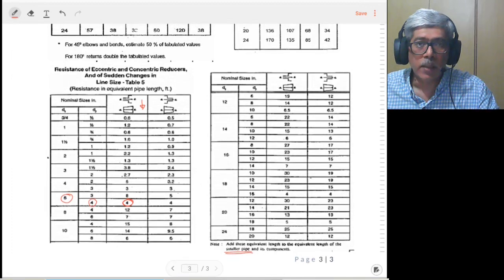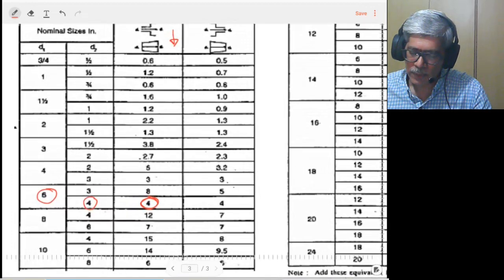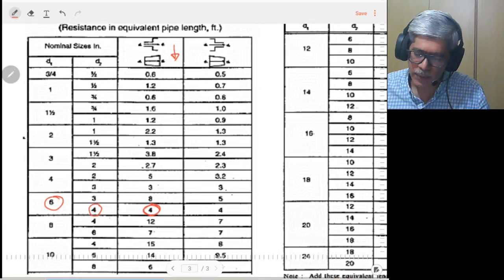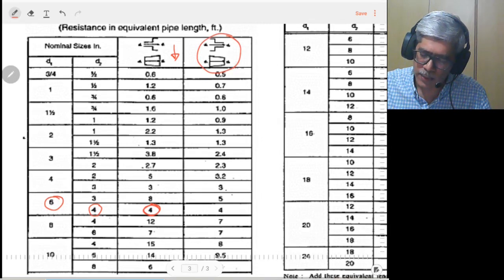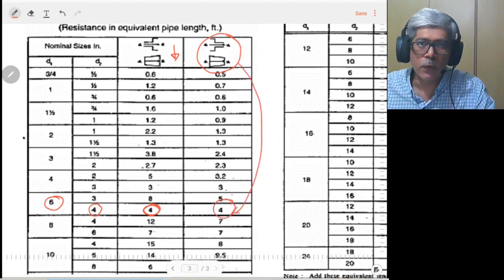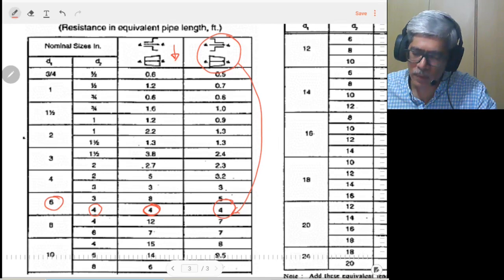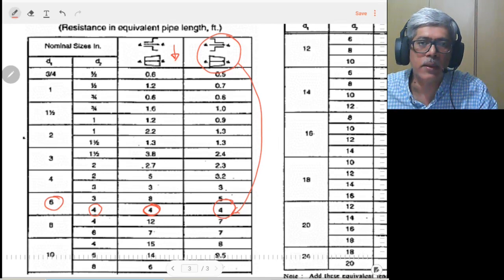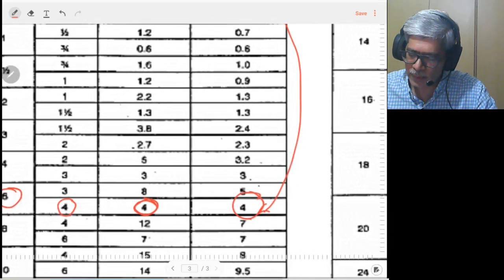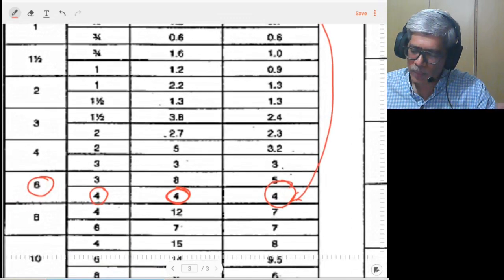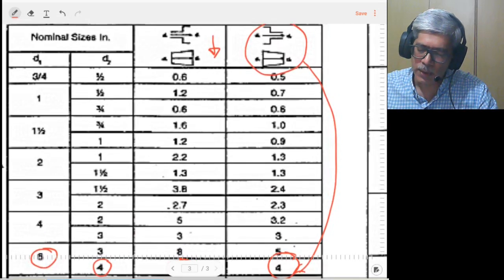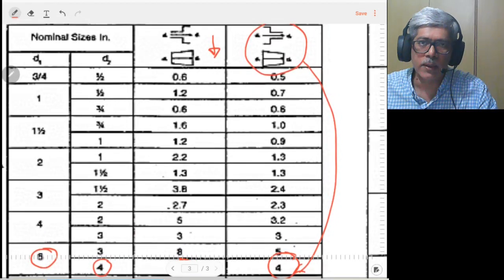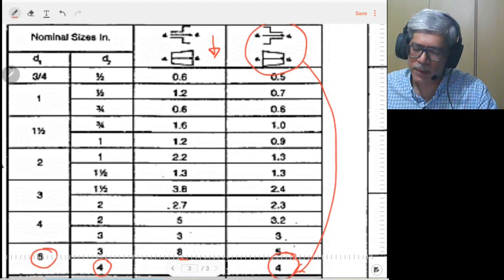Again the same table we are referring to. We have 6 inch to 4 inch, but in this case we have to consider the reducer case. That is the second column we have to consider. And as we can see here, the size is 4 feet. Incidentally, for this particular size, whether it is an expander or reducer, the length is the same, that is 4 feet. But it could be different for other sizes; the length for expander and reducer could be different. In this particular size, incidentally, they are the same.